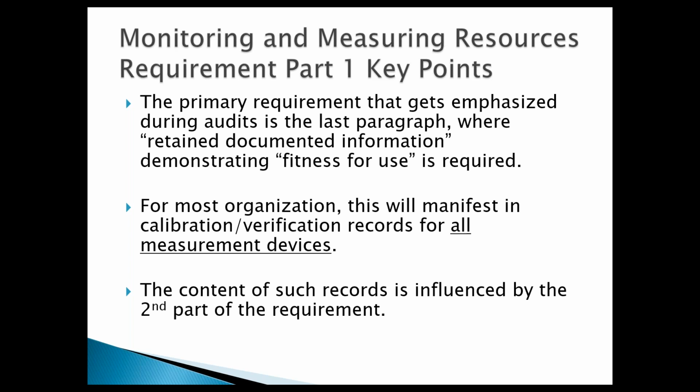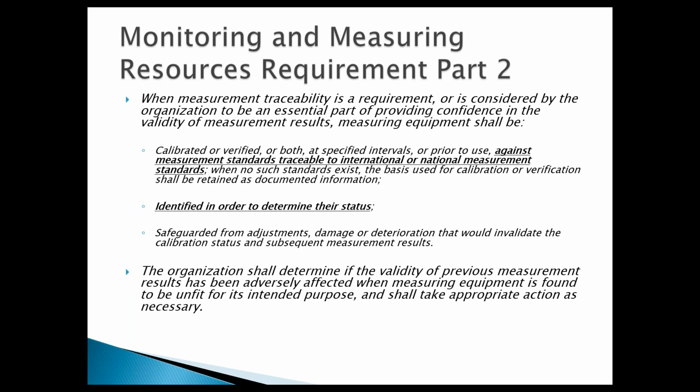For most of the organizations that implement ISO 9001, this is going to be the calibration or verification records for all measurement devices. Now, the content of those records is going to be influenced by the second part of the requirement. So let's take a look at part 2 here. It goes on to say that the organization shall ensure that measuring equipment is the following.